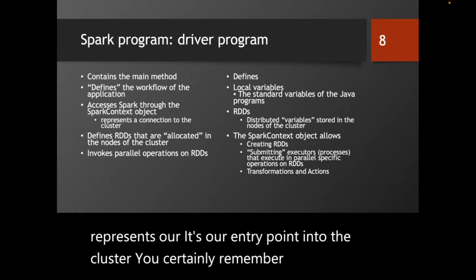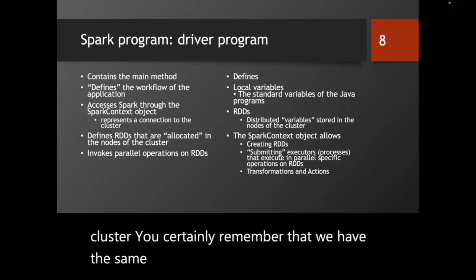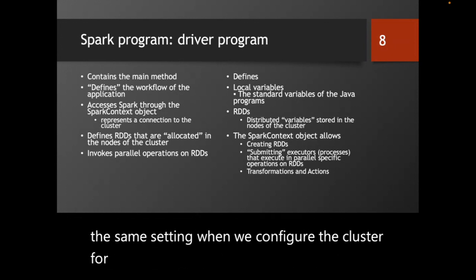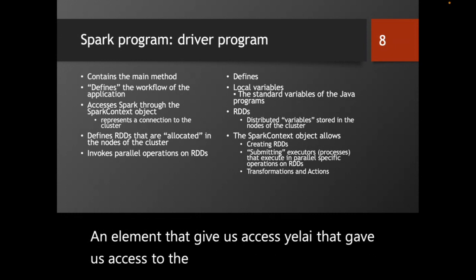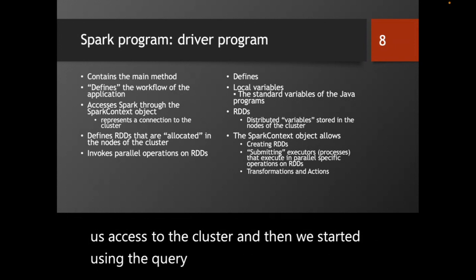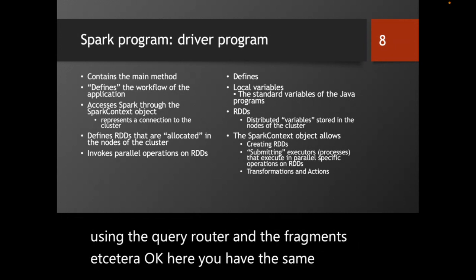You certainly remember that we had the same setting when we configured the cluster for MongoDB. There was an element, the CLI, that gave us access to the cluster, and then we started using the query router and the fragments, etc. Here you have the same notion.